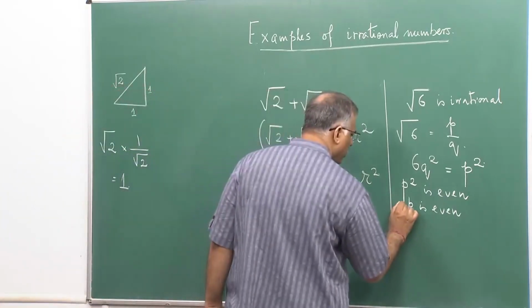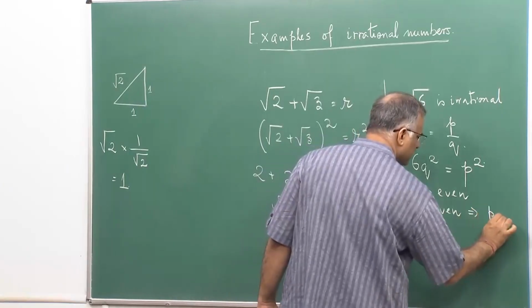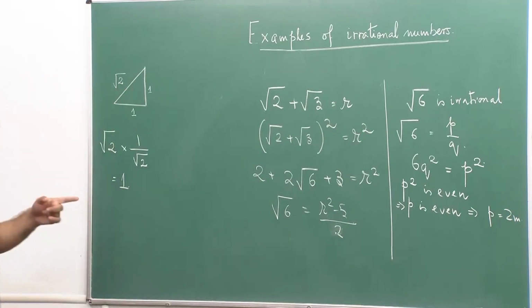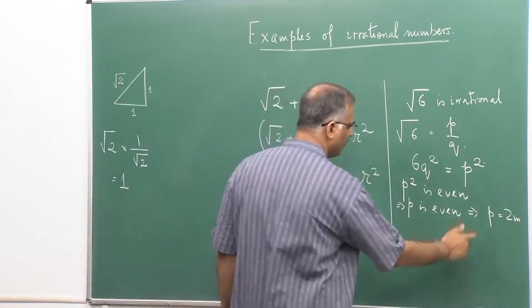Now p is even, so I can write p as 2m. This is clear now, because that is the type of reasoning that we are taking.